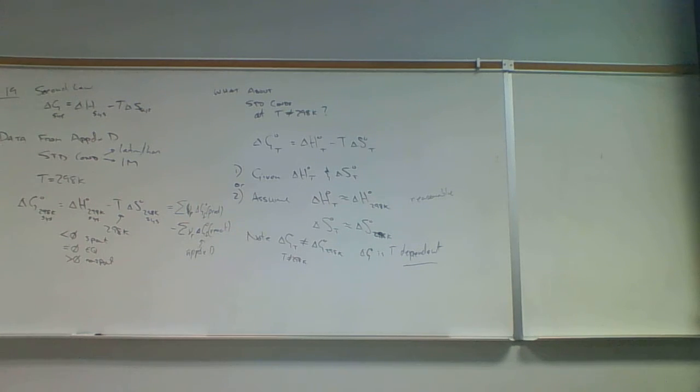Then if we apply Hess's law, we can either add up equations, but since all these are formation equations, we can come up with an even simpler equation. Rather than adding up equations like this, we come up with this. Delta H under standard conditions for the reaction is equal to nu P delta H of formation of the products minus nu R delta H of formation of the reactants. They call nu here the stoichiometric coefficient, and then sigma is the sum.